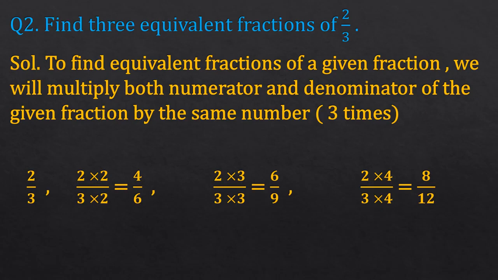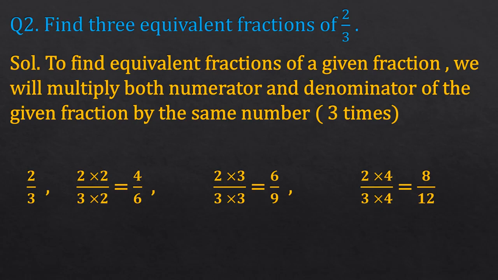Now for the second equivalent fraction, we multiply numerator and denominator both by 3. 2 multiplied by 3 is 6, 3 multiplied by 3 is 9. Our fraction is 6 upon 9. So 6 upon 9 is also equivalent to 2 upon 3.